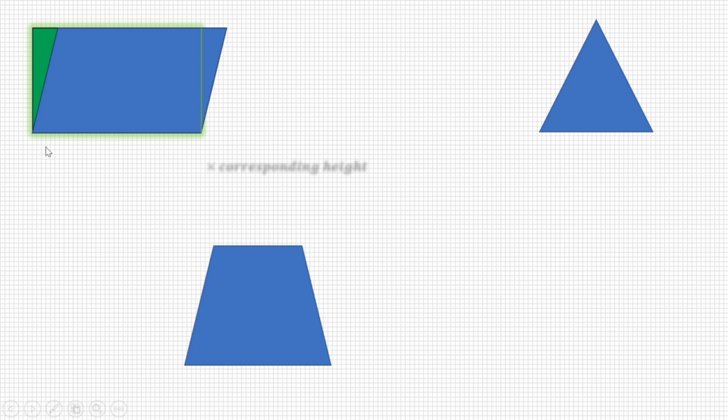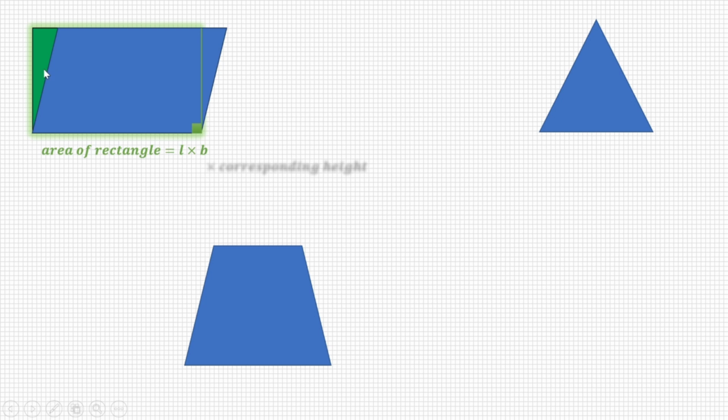What is the area of the green shape? Length into breadth. And what is the area of the blue shape? That is also length into breadth. That means this into this. Okay, not this into this. This into this gives us the area of green and blue both.